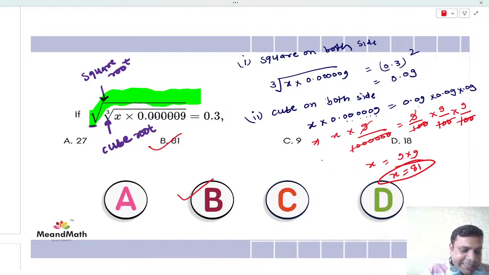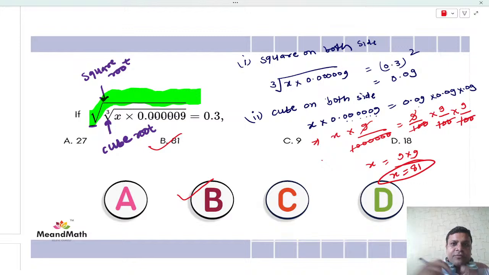So I'm repeating again. In the same question, square root and cube root both are involved. So first we have to remove the square root, and after that we have to remove the cube root.